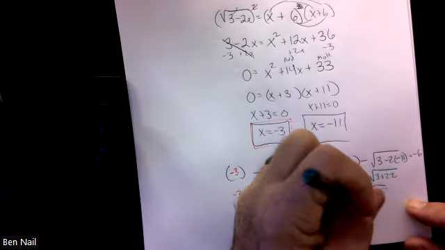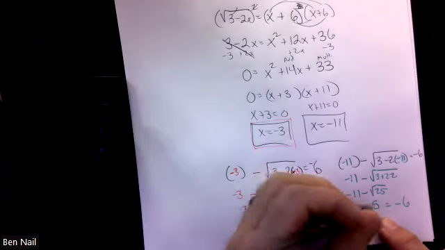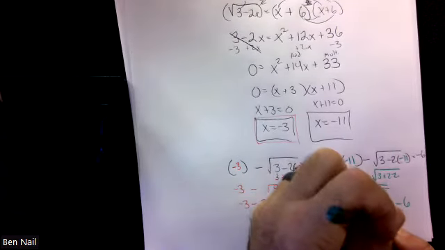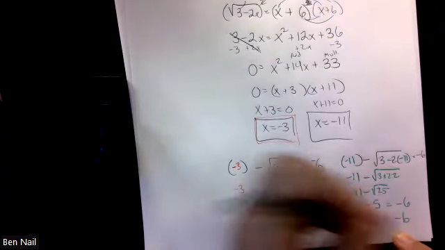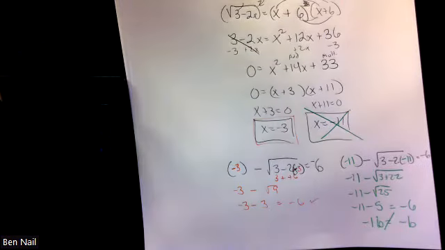Square root of 25 is 5. And -11 minus 5 is -16, which clearly does not equal -6. -11 is an invalid extraneous solution.